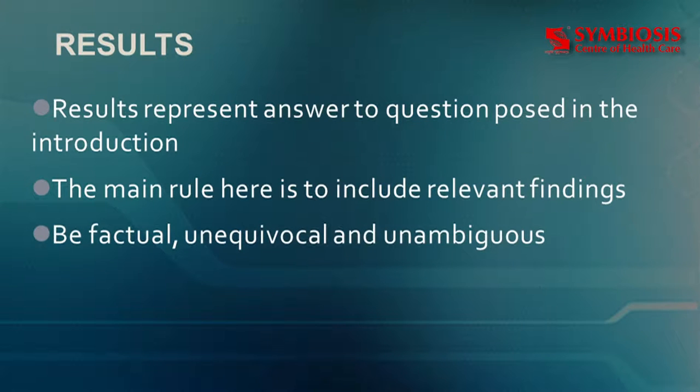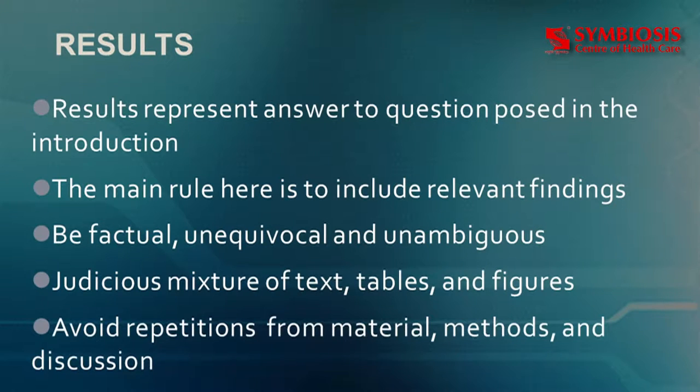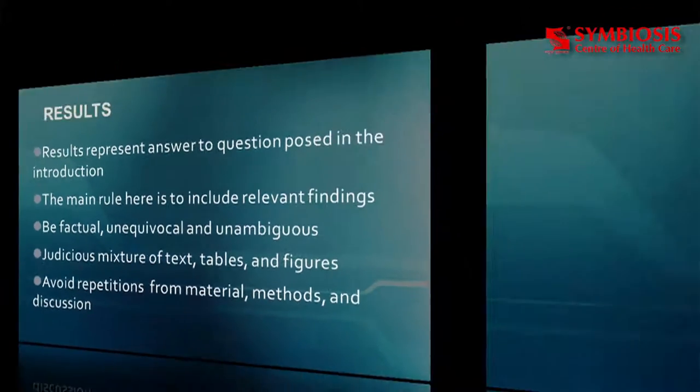Be factual, unequivocal and unambiguous. A judicious mixture of tables and figures is recommended. Avoid repetitions, like sometimes people write in the text, in the tables and even in figures the same information. That is not recommended in the context of the material that is being presented.